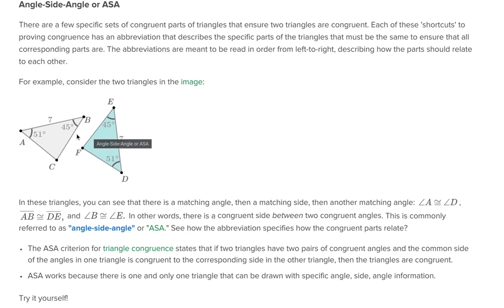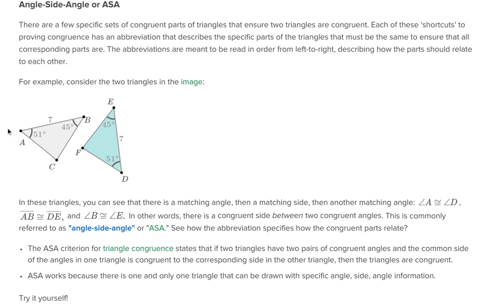We already identified that these two angles were exactly the same in both of them, and it says it right there. And the side here is also the same, so therefore AC and DF are the same, and EF and BA are the same.